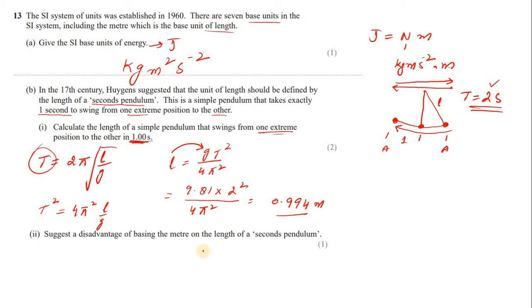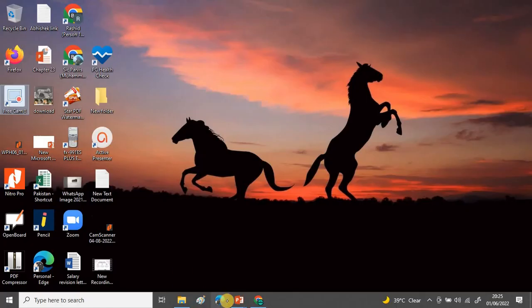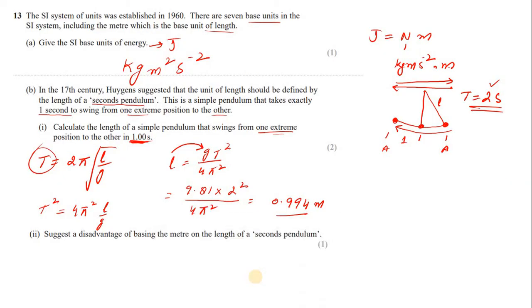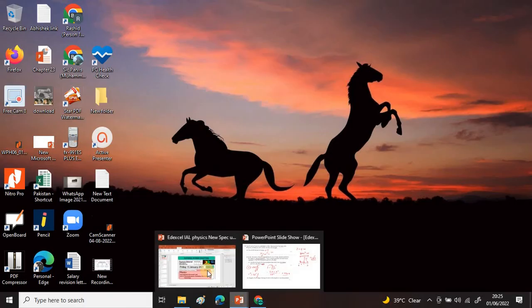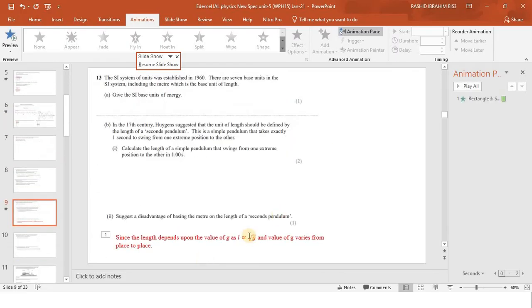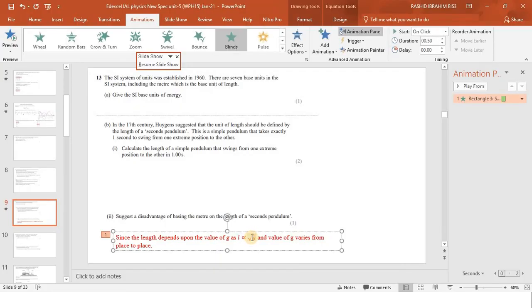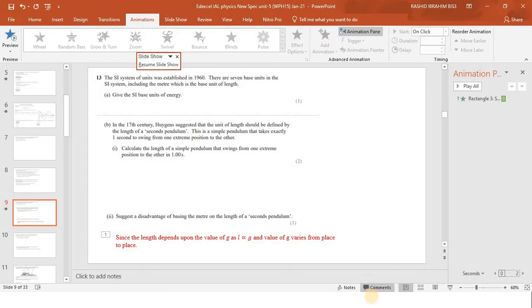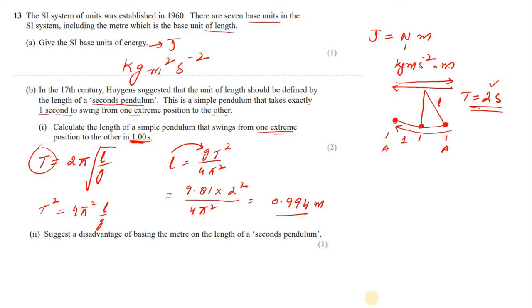If you see that formula, L equal to g... so you see that the length depends upon g.